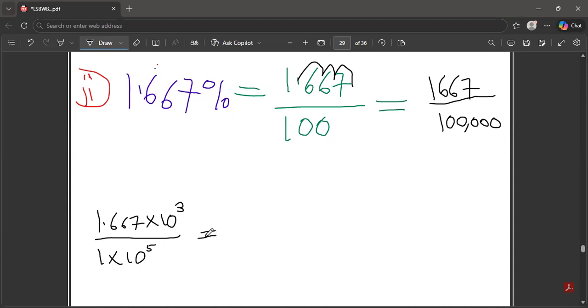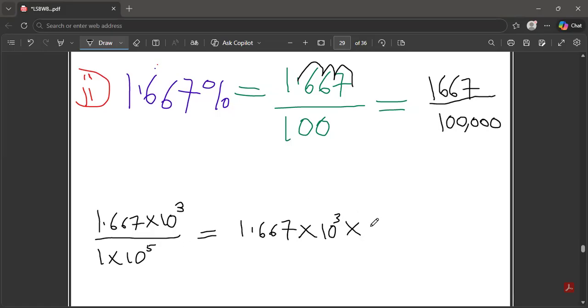You know that from indices, this is equal to 1.667 times 10 exponent 3.